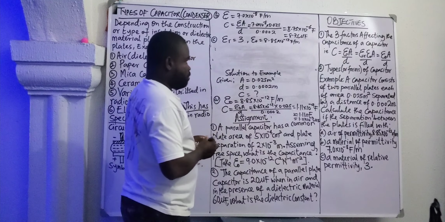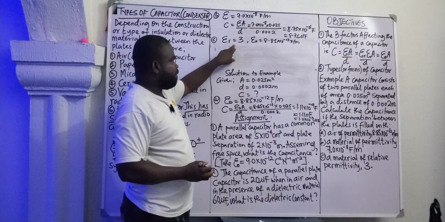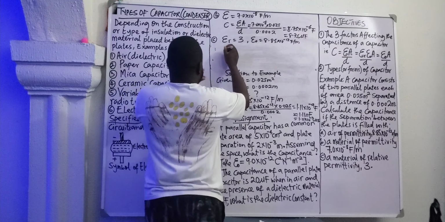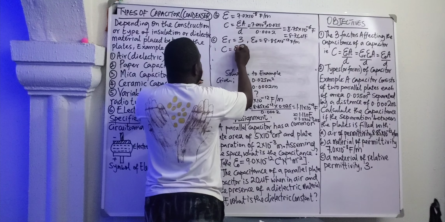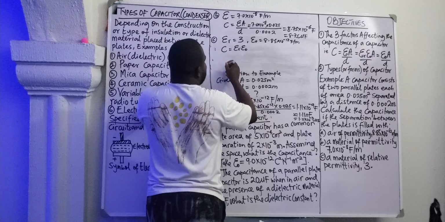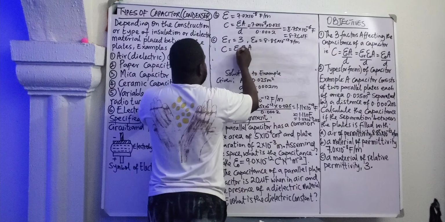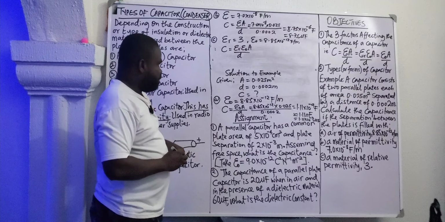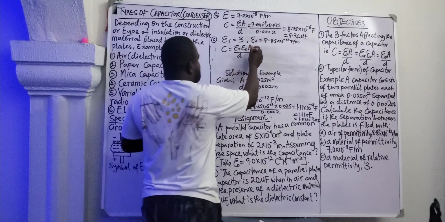So like I said, here now, to get the capacitance, I will quote the other formula, which is C equals relative permittivity times permittivity of vacuum multiplied by area divided by the distance. Do you understand?